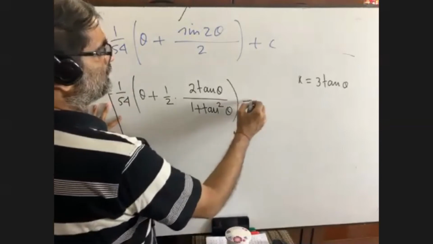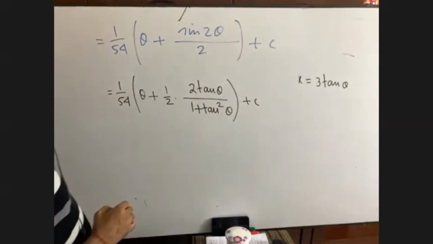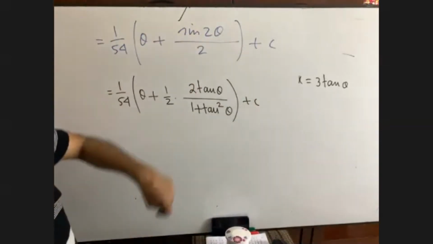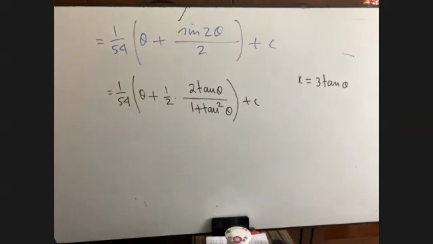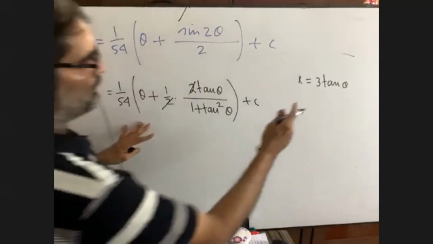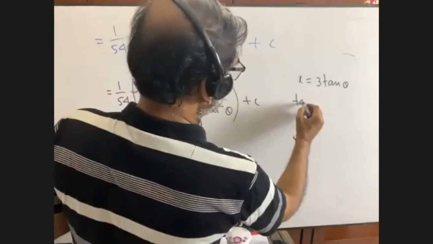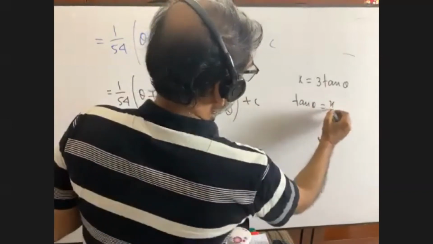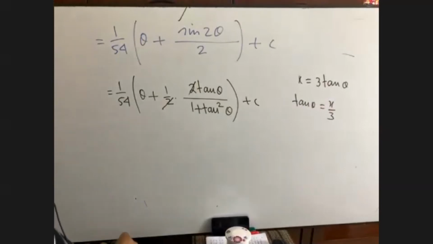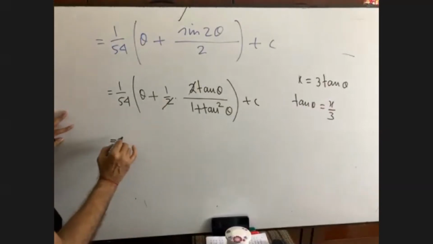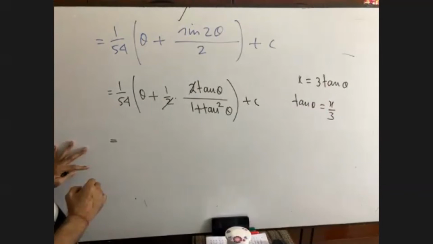Is it? Yes, in terms of tan theta, that's good. 2 will be omitted. Now see here, tan theta equals to what? x by 3. Now you put the value.